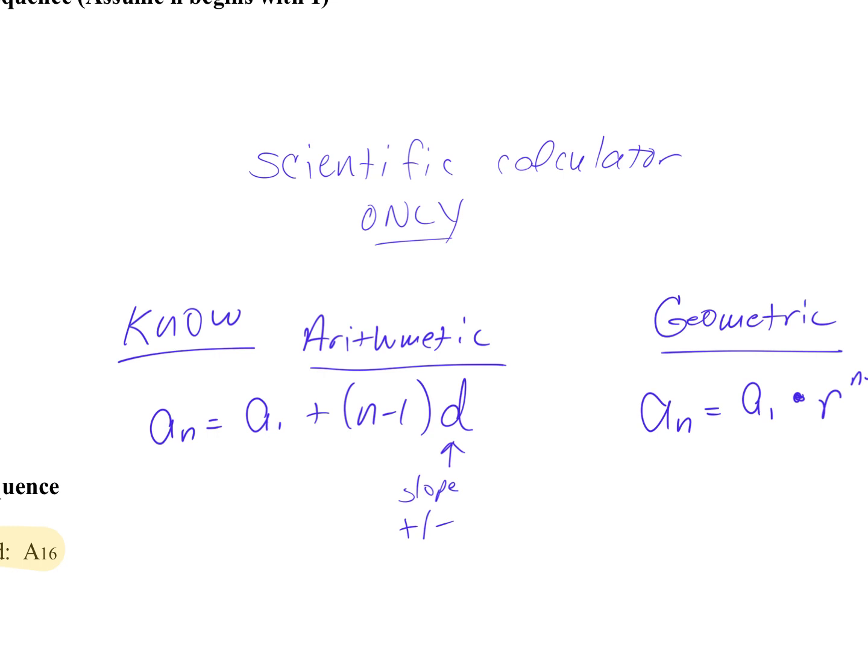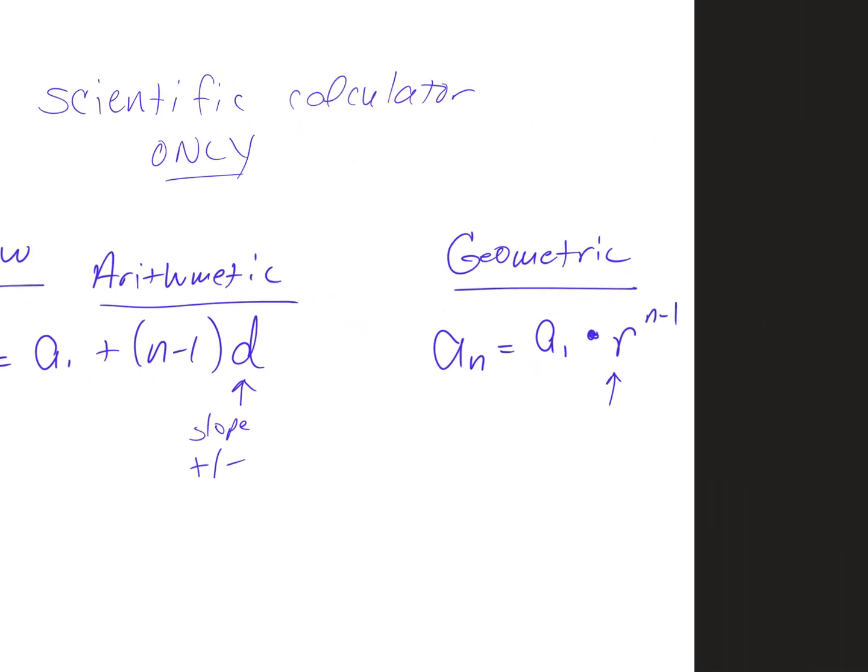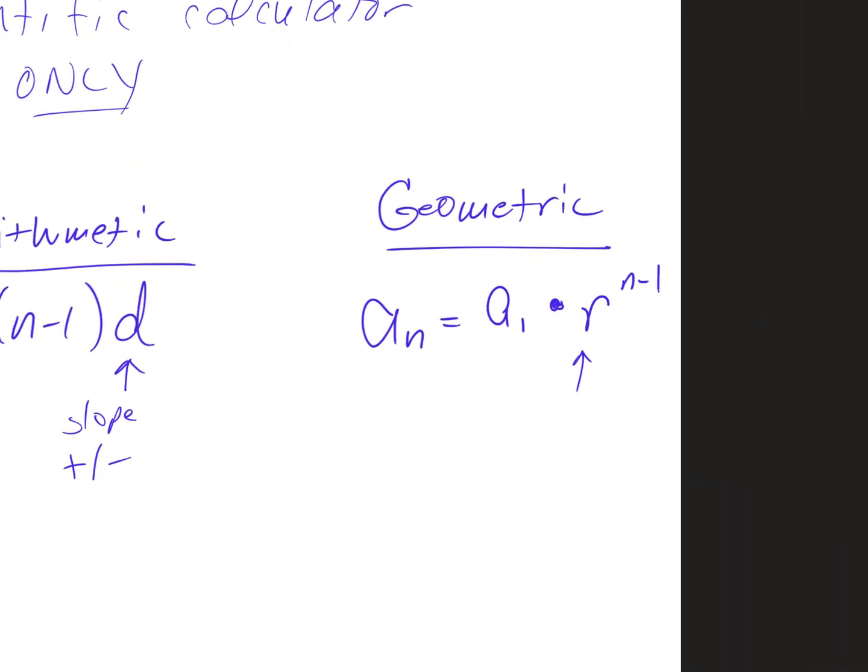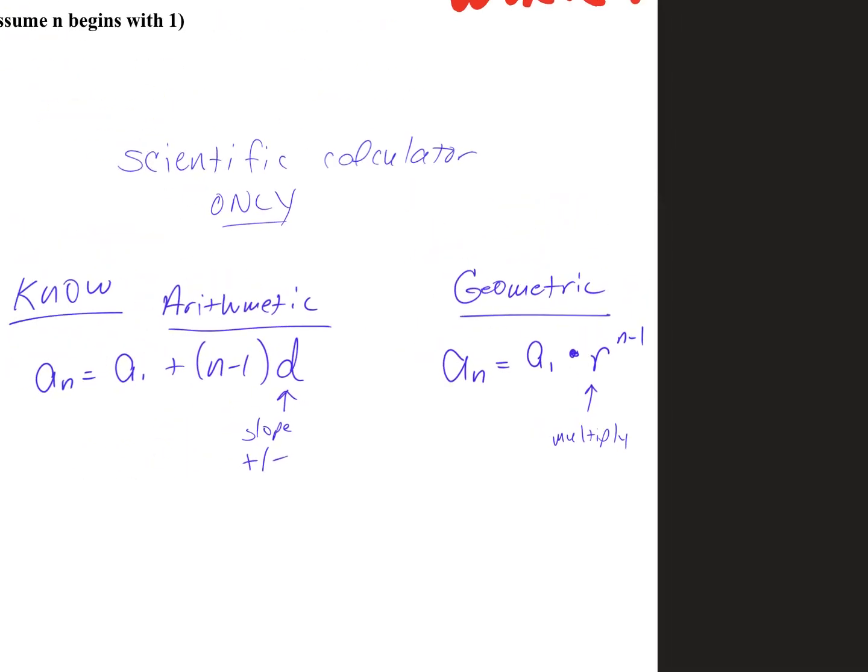In our geometric, our r is our common ratio. What is that going to be every single time? Something that you do what? Is it adding and subtracting? No, it's multiplying, okay? And if your number is getting smaller, then you're multiplying by a what? A fraction. Okay, good.